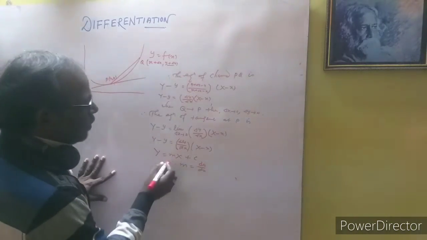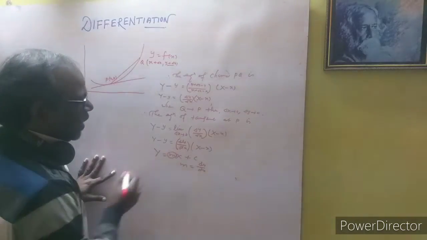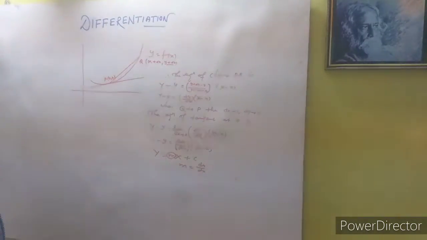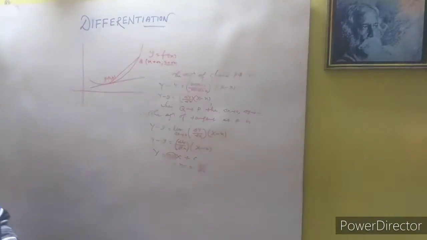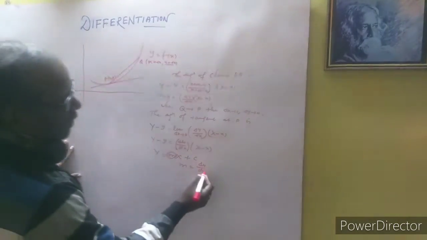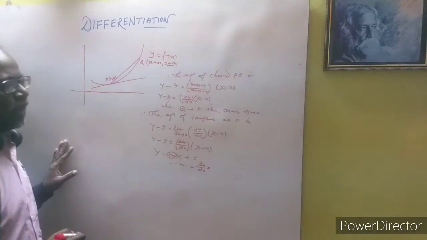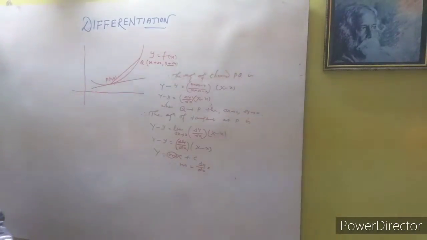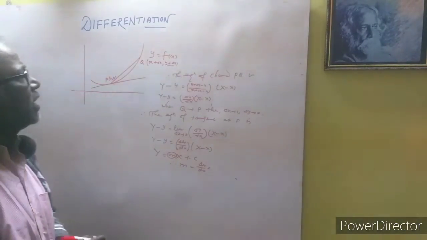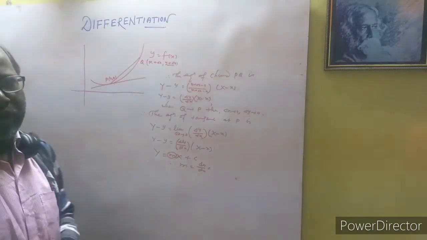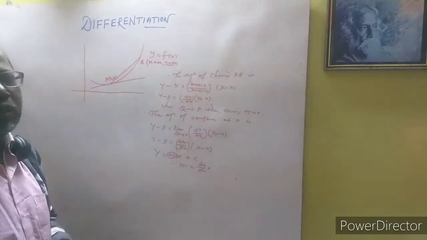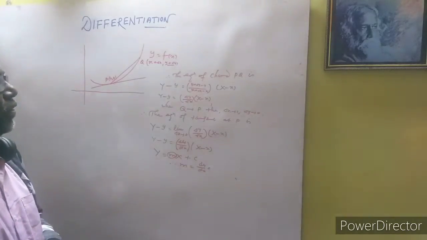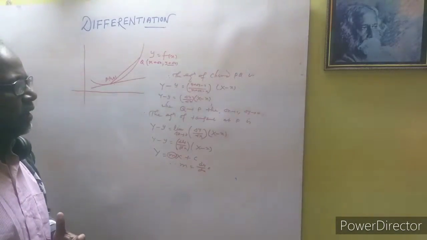In this place, m multiplied by the variable x, m is called the slope of the line. So this is called the slope of the tangent. If we differentiate the curve at some particular point, then we get a result, and that result is called the slope of the tangent. This is the meaning of dy by dx.